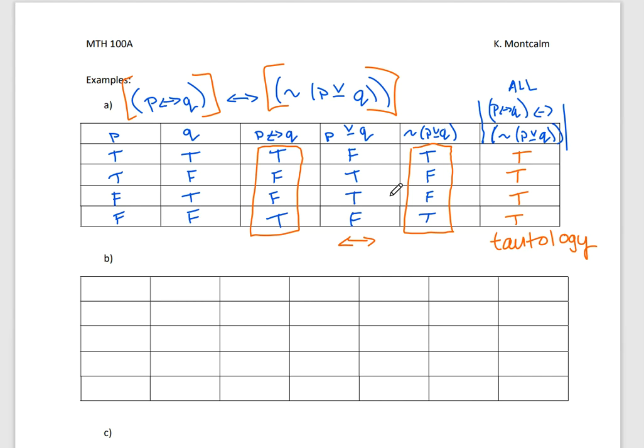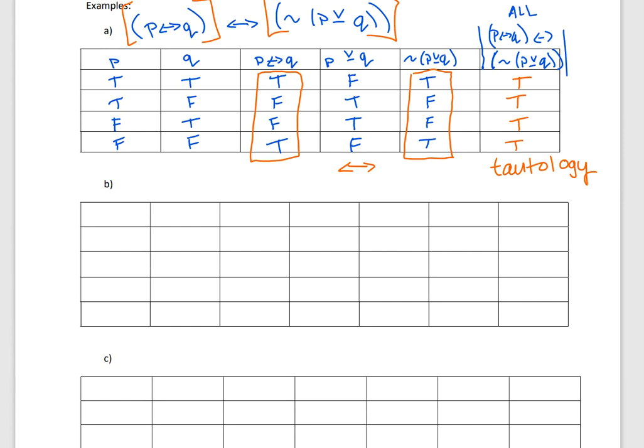Okay, so now I'm going to speed up and we're going to go through a few more examples, now that we've done a nice slow one to start. So our example B, we're going to do big bracket, small bracket, P implies Q, and Q implies P. So that's all together, biconditional with P biconditional with Q. When I'm doing something with biconditionals, for my peace of mind, I like to put either side of my biconditional in big brackets.